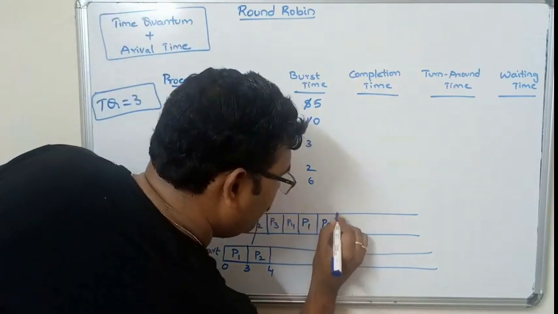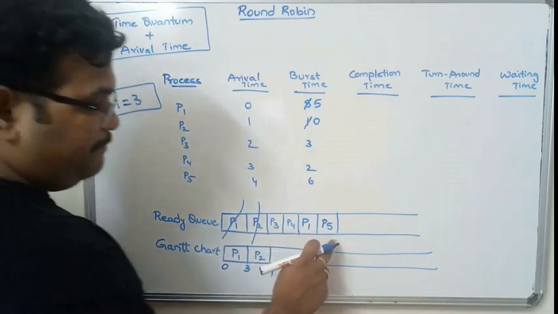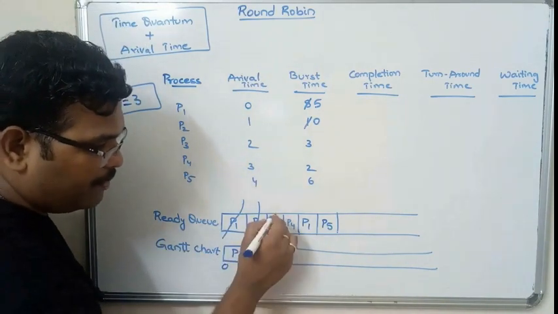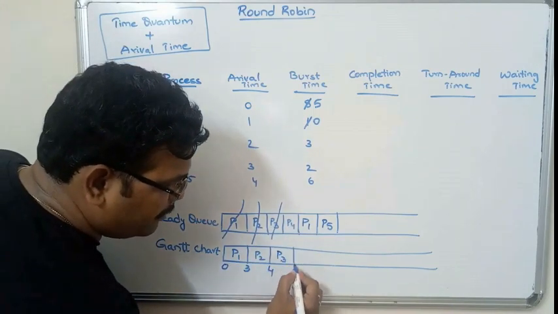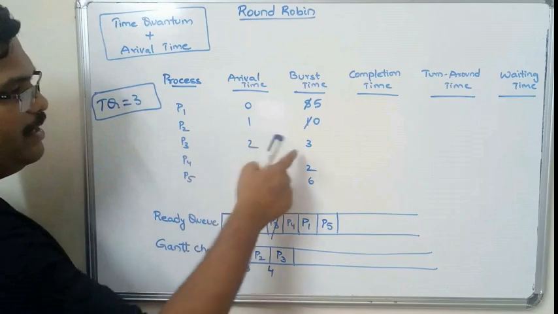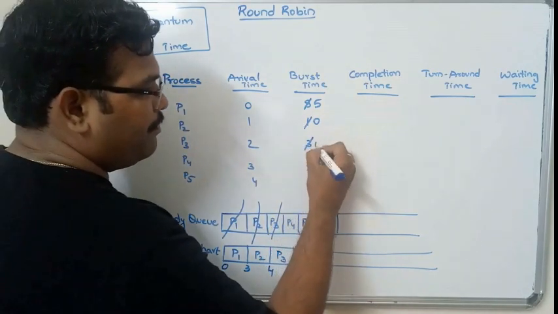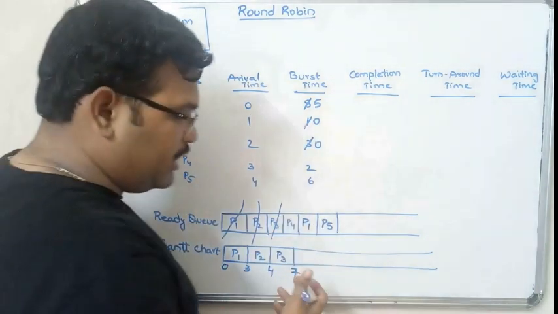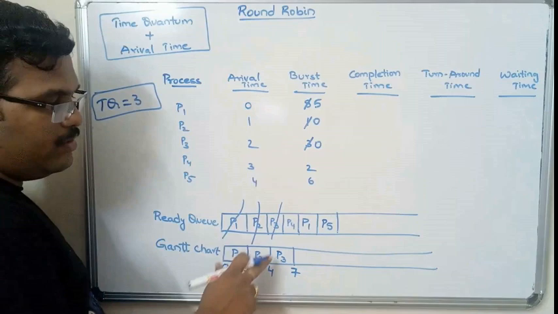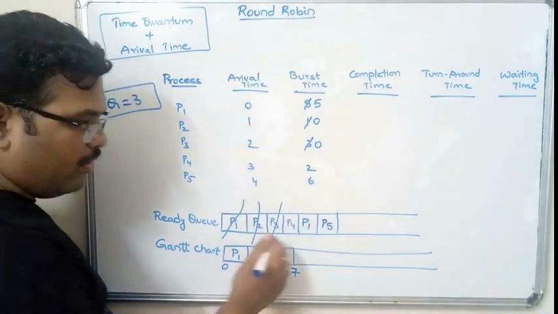Next, P3 is removed from the ready queue and allocated to the CPU. P3 requires 3, so it executes for 3 milliseconds. P3 doesn't require any more CPU allocation, so it will not be added again to the ready queue because it completes its execution.